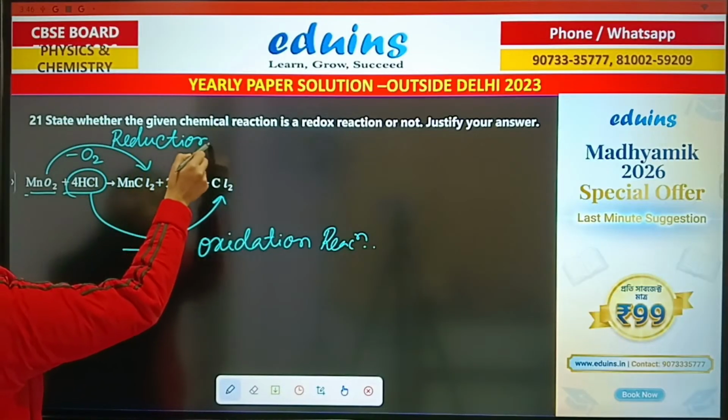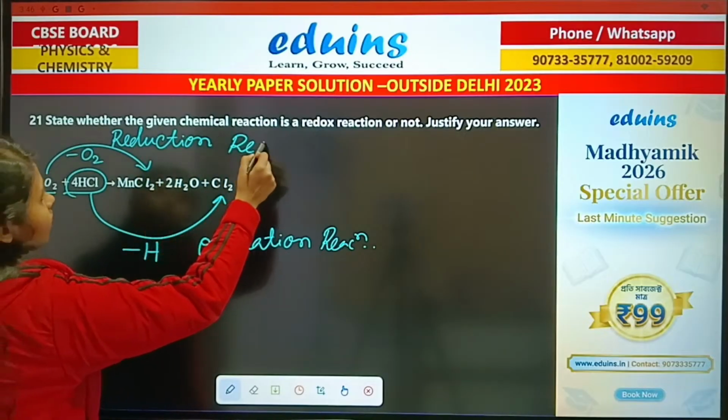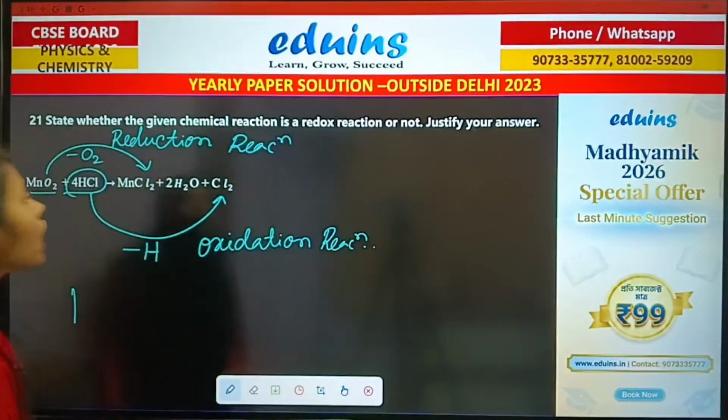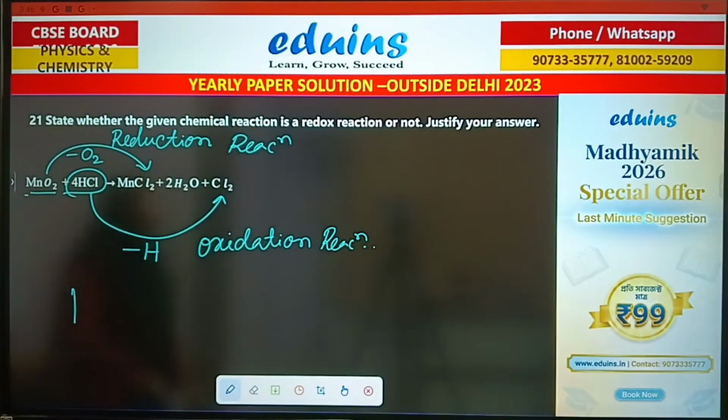So both reduction and oxidation reactions occur simultaneously. So this is a pure example of a redox reaction, and we gave the justification properly. So this will be the answer.